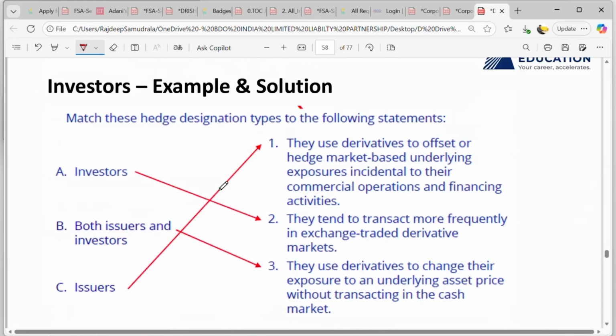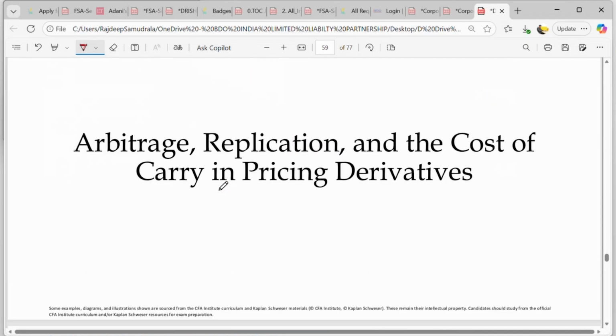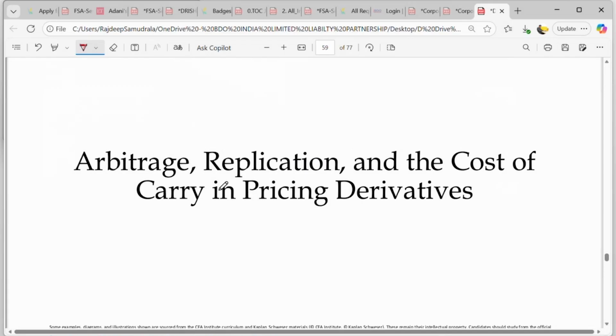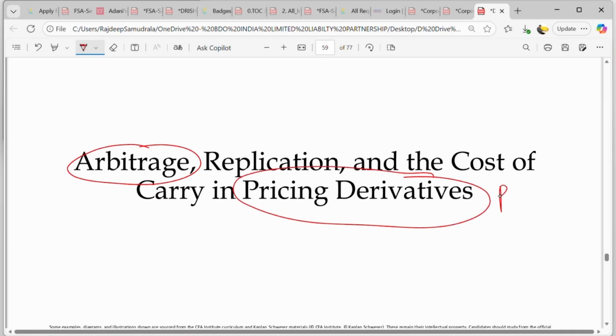Okay. And now we'll come to the concept of arbitrage, which we had picked up a bit yesterday, and replication and cost of carry. Now, how do we price derivatives? That's very critical. What's the value of derivatives? What should it ideally be priced at? All of this comes through the concept of arbitrage and replication.